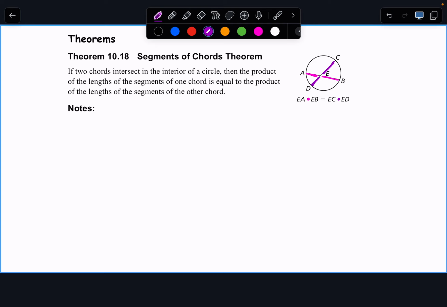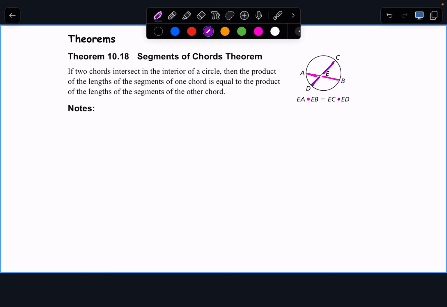So basically, AE times EB equals EC times ED. It's kind of like a cross. Okay, so you're going to draw a picture.